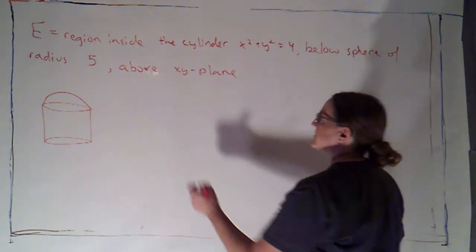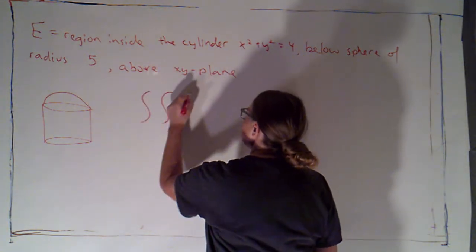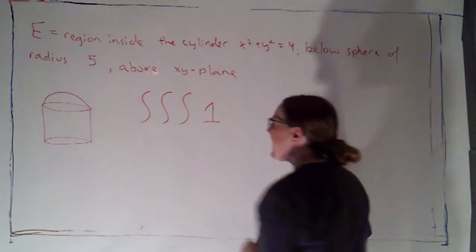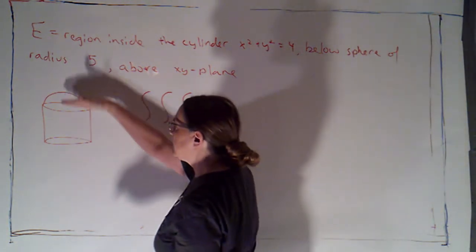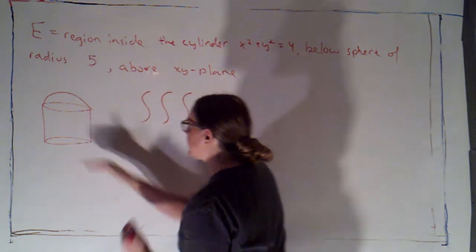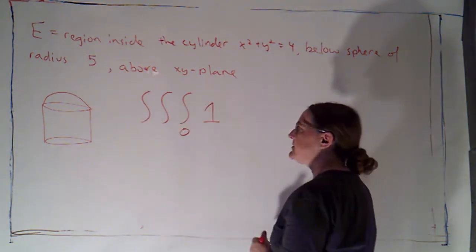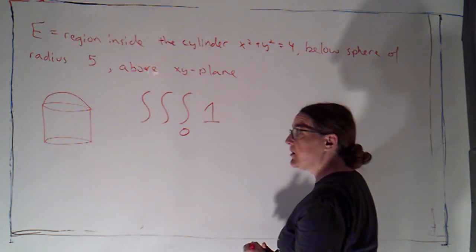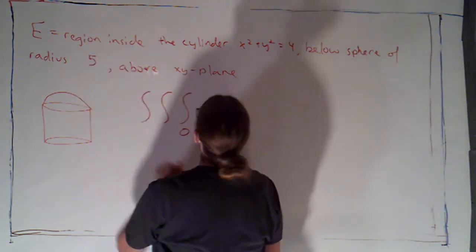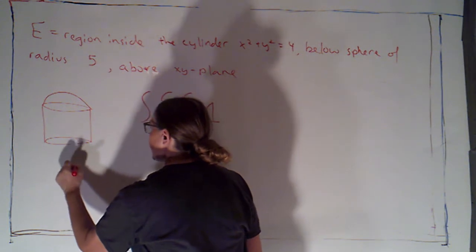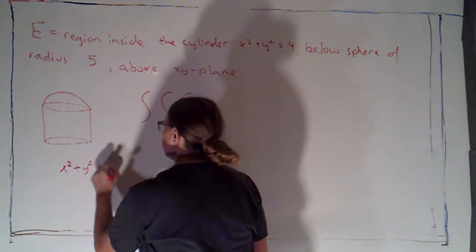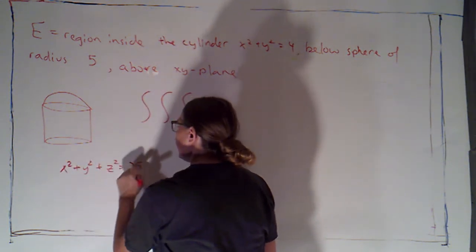spherical coordinates. So if I'm setting this up in rectangular coordinates, I'm going to go from bottom to top. The bottom value is on the xy plane, so that's when z is equal to 0. The top is the z value of that sphere. Now if it was the sphere of radius 5, it would have been x squared plus y squared plus z squared equals 25.